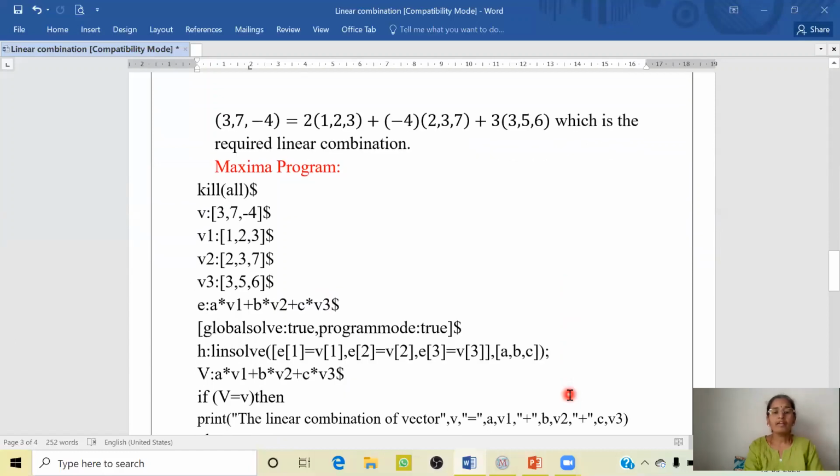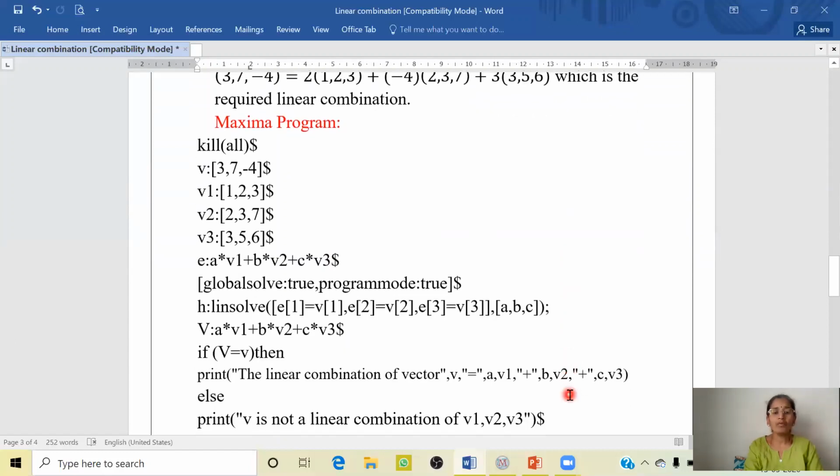For this, let us use this Maxima code. The first line of the code is kill all, and we know that kill all is the command which deletes user variables, functions, arrays, etc. and resets all the internal variables to their default states.